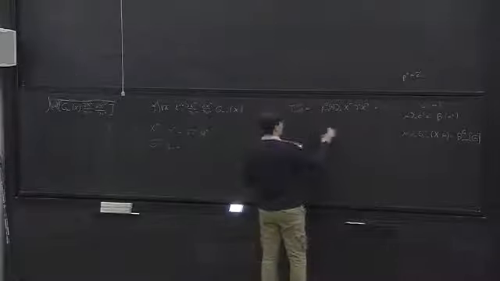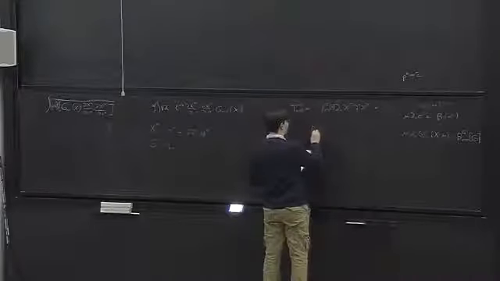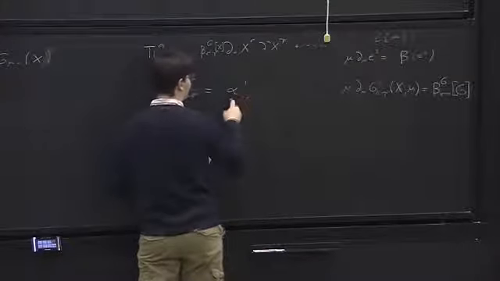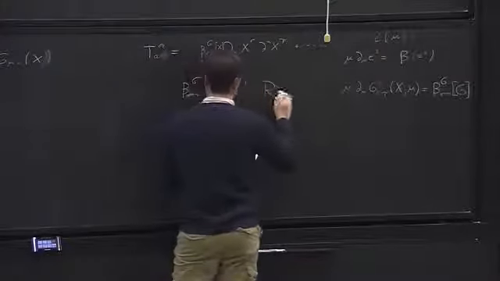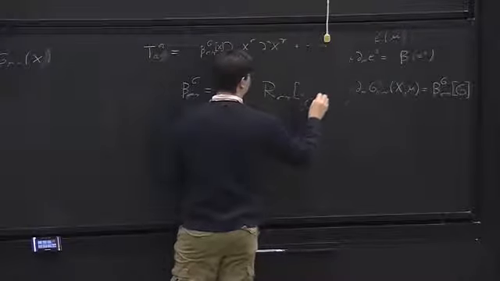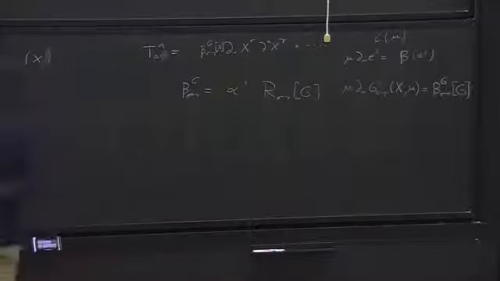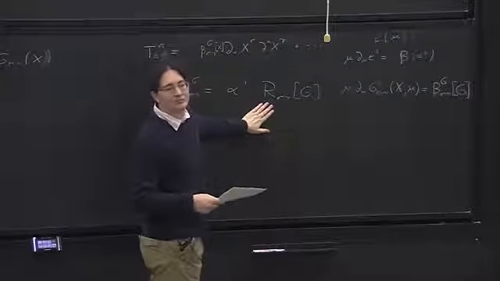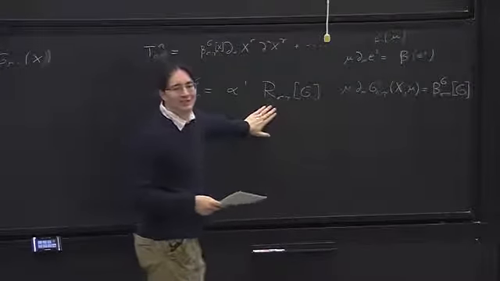And the result is that at the leading order, the beta function for G is this. So at the leading order in alpha prime, or the leading order in a curvature expansion, the beta function is proportional to the Ricci curvature, to the Ricci tensor.